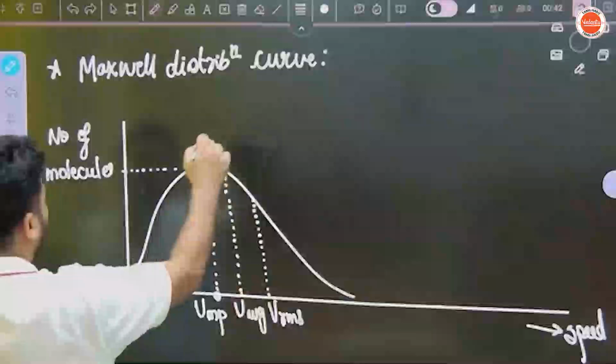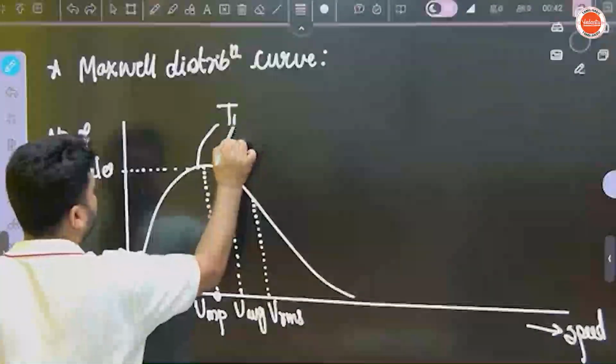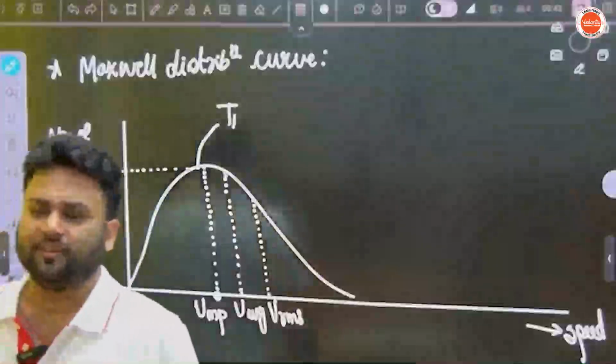Now this graph is for, suppose, any temperature T1. Now what happens if we increase the temperature?